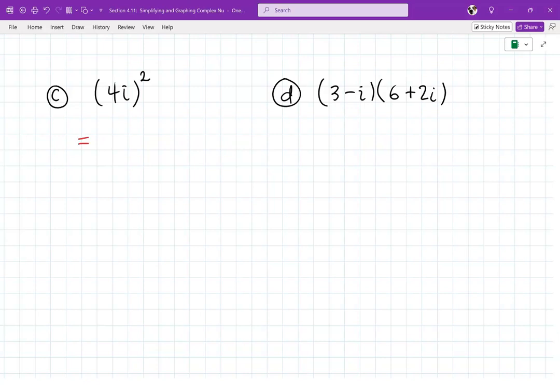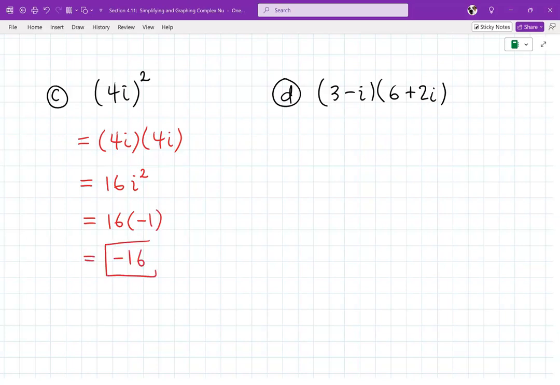Okay, so it's going to be 4i times 4i. All right, so 4 times 4, that's 16. And i times i, that's i squared. But i squared is negative 1. So this is 16 times negative 1. So that's negative 16. And that's it.